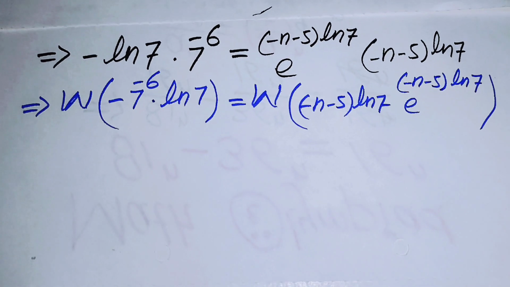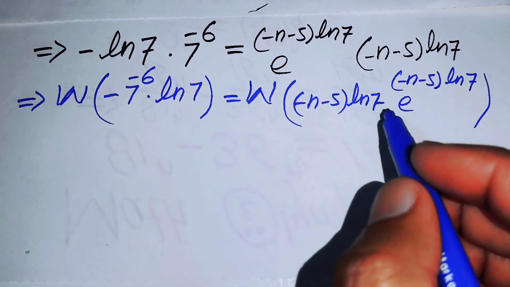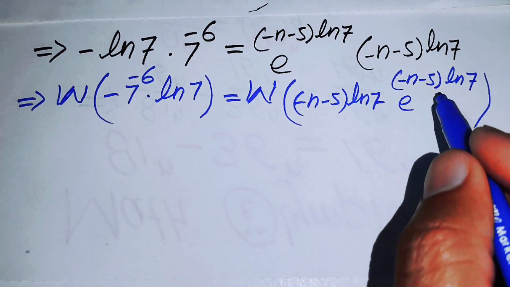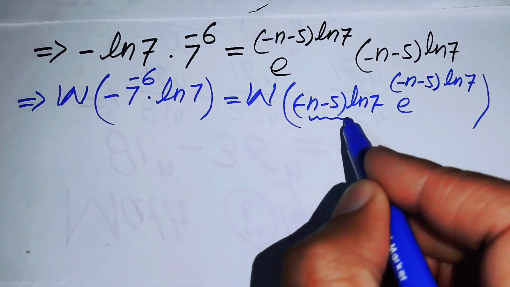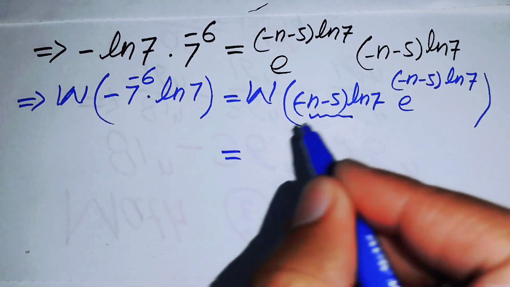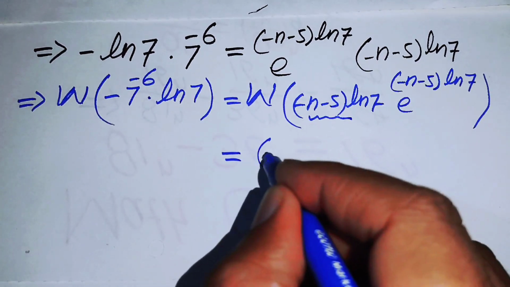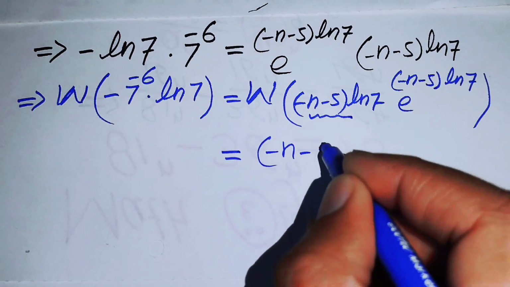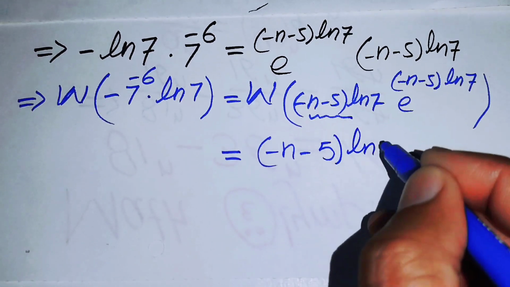So if you focus on the right hand side, we have the exponent of e multiplied by it here, so that the output of this function will be minus n minus 5 times log 7.